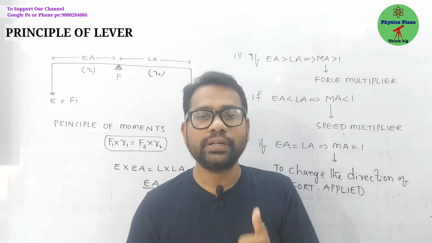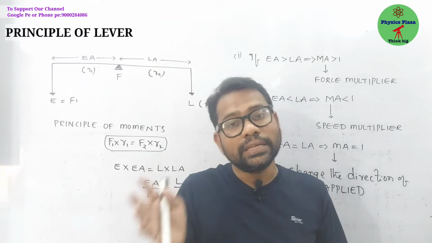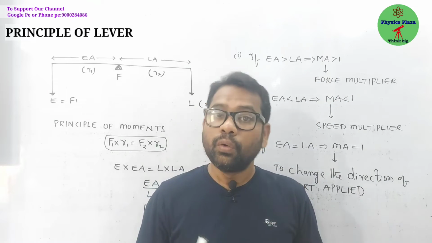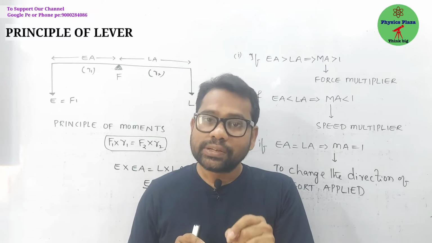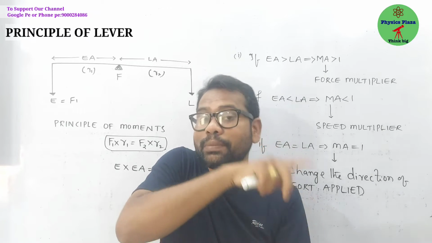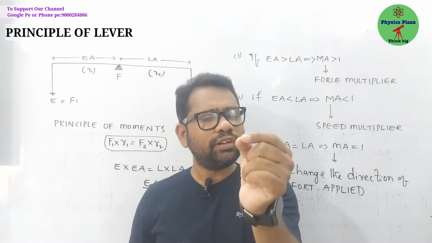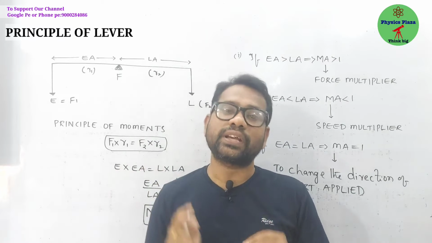In class 1 levers, the fulcrum is in the middle, and effort and the load are acting on either side. So for class 1 levers, the fulcrum must be in the middle. Whereas for class 2 levers, the load will be acting in the middle such that on either side, fulcrum and effort will be there. Whereas in class 3 levers, effort will be acting in between, and fulcrum and the load are acting on either side.